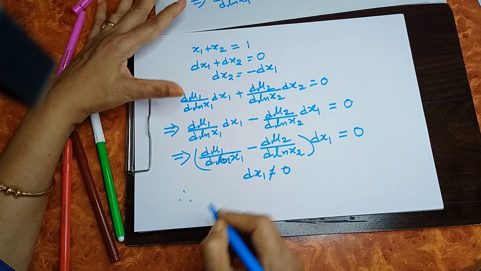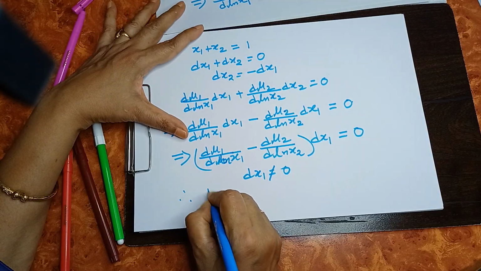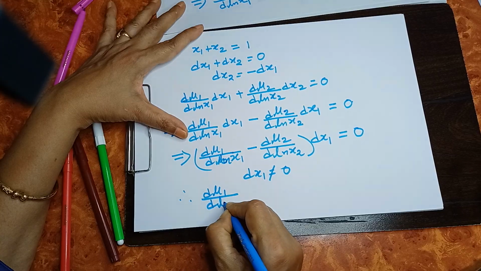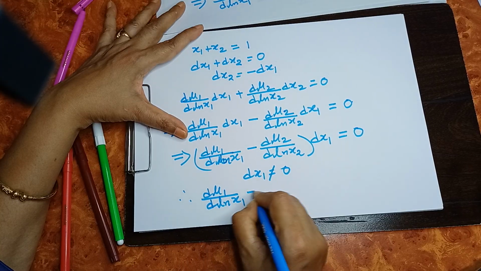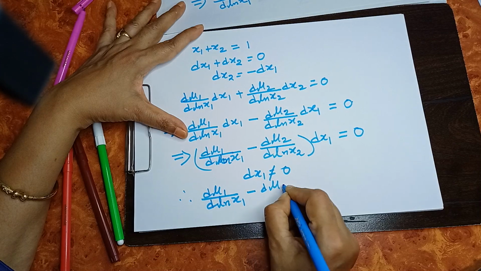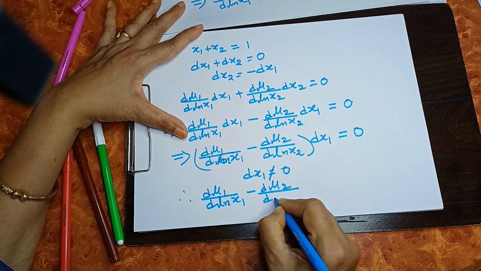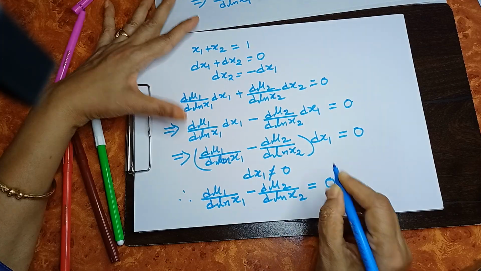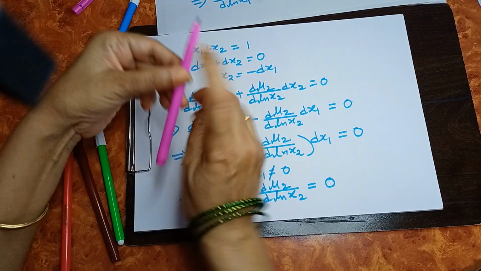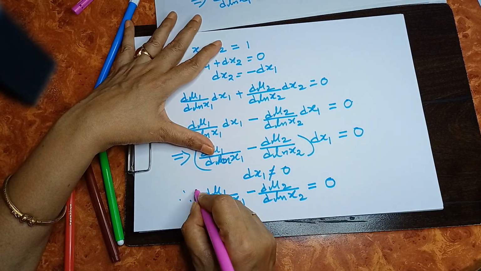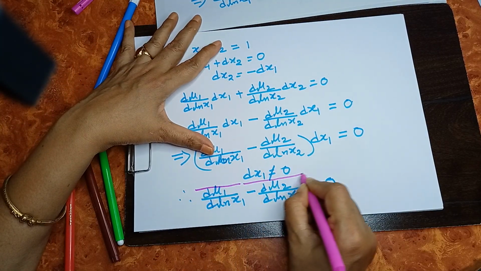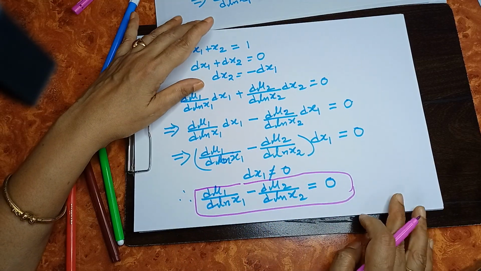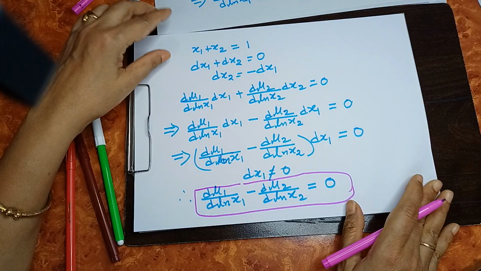So therefore what can I write? d mu 1 by d ln x1 minus d mu 2 by d ln x2 is equal to 0, and that is for two components. This is another form of the Gibbs-Duhem equation.